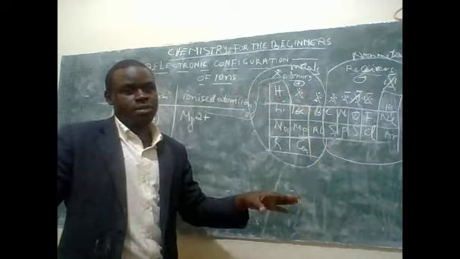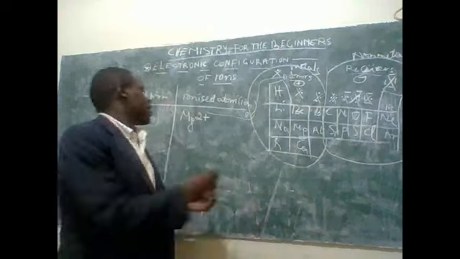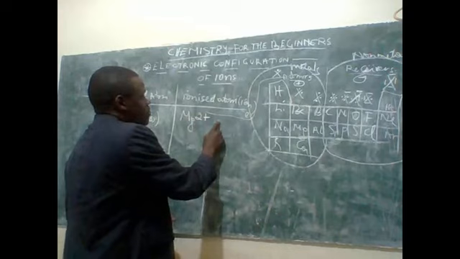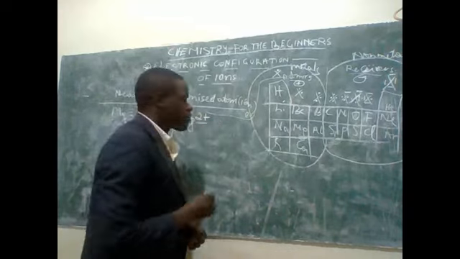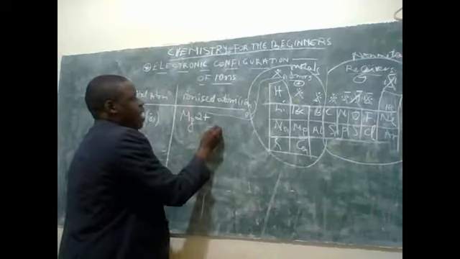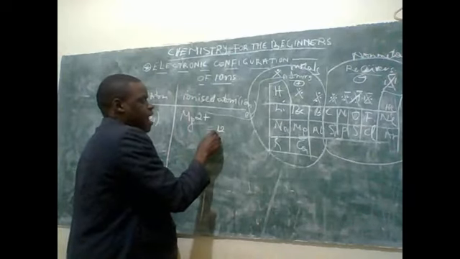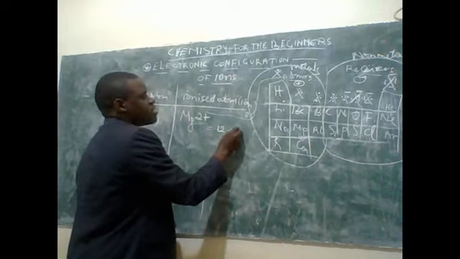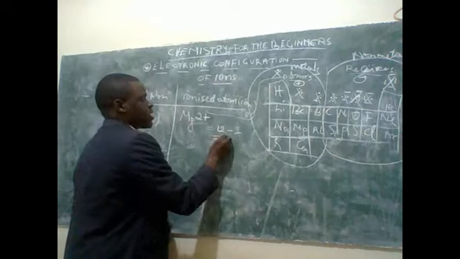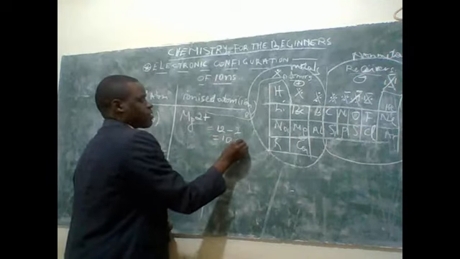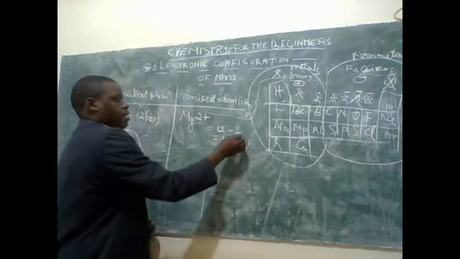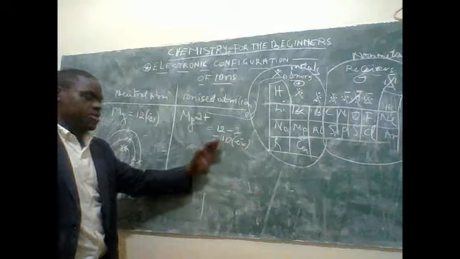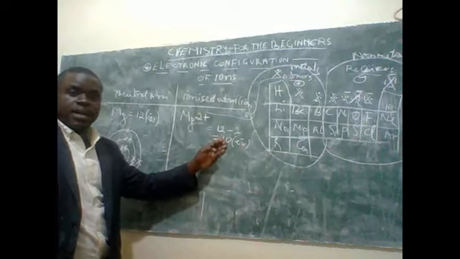They give out. Originally it has 12. Here it has donated 2 electrons, which means it has remained with 10 electrons. Those 10 electrons are the remaining.